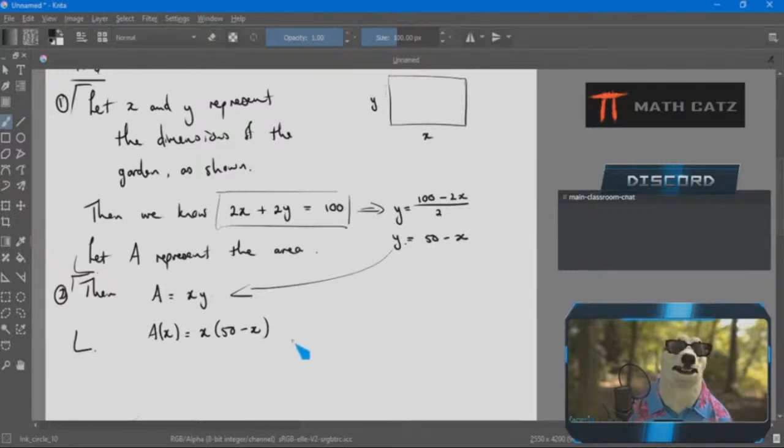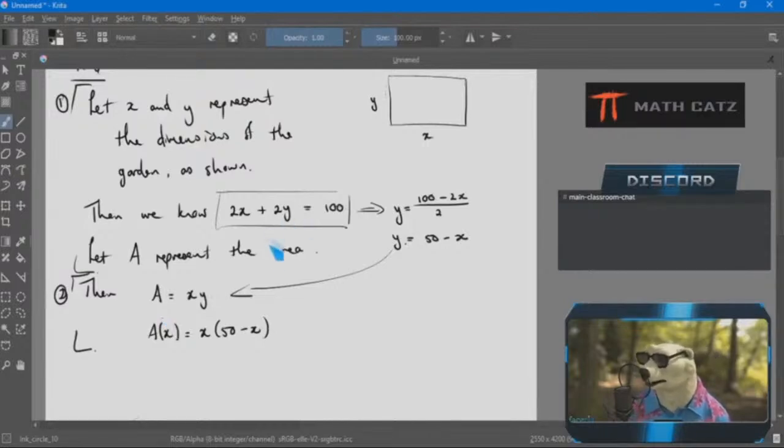Now at this stage, when I have my function, it might be useful to think, are there any practical restrictions? Because if I look at this function and ask it what its properties are, it doesn't know where it comes from. It just says, I'm a function, I'm quadratic, this is what I look like, I continue forever, I'm defined everywhere, great.